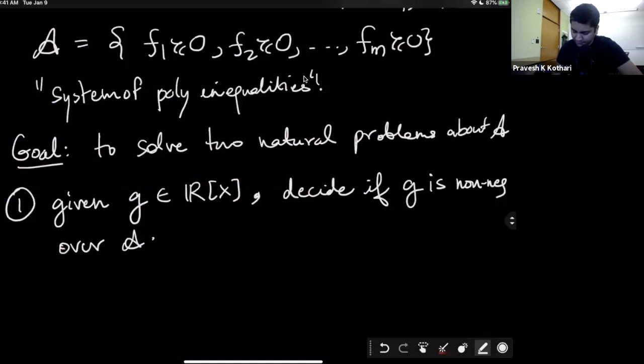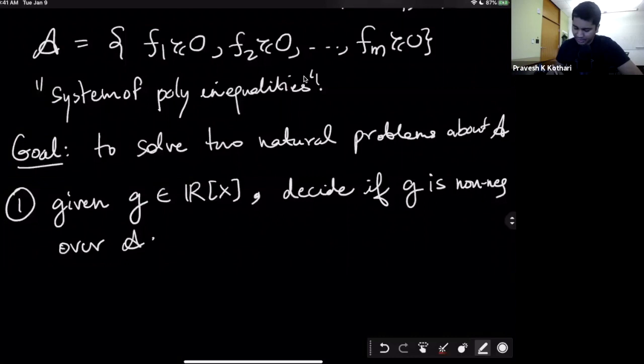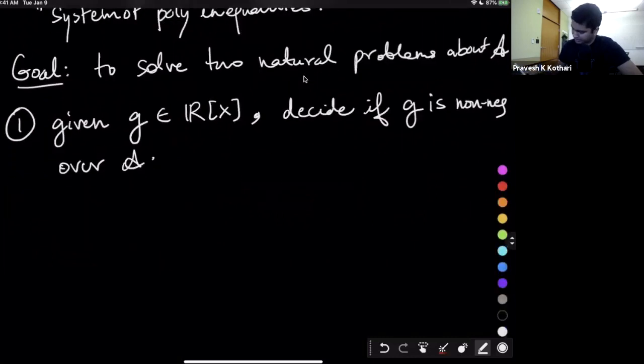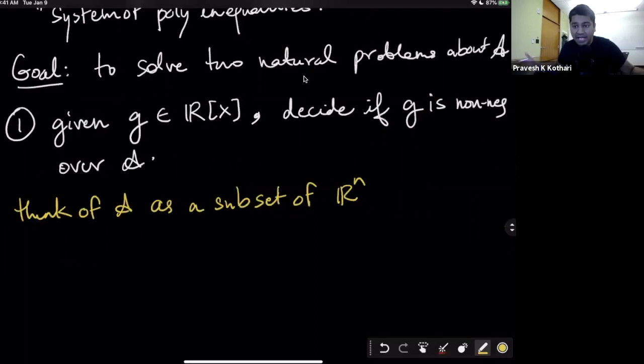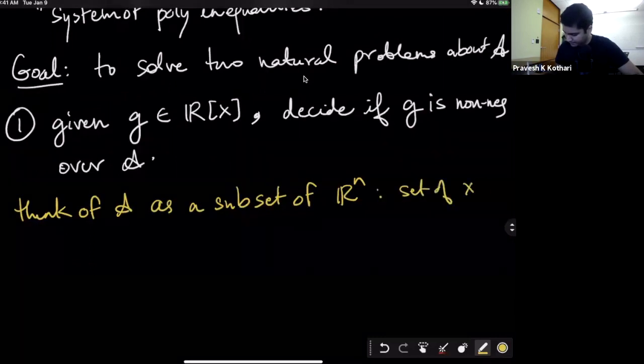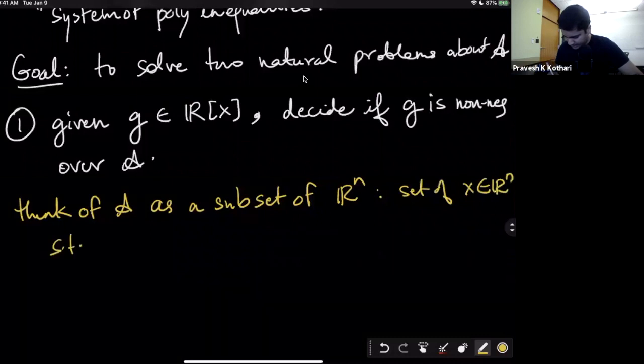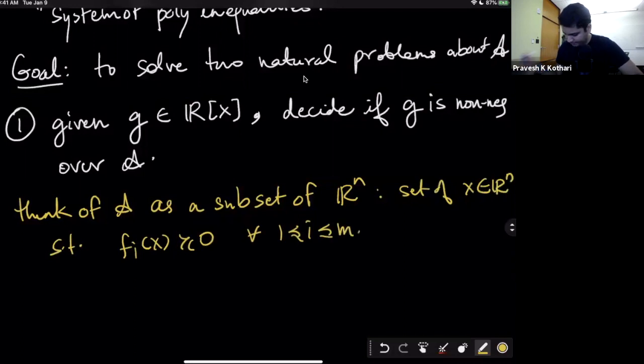You can think of A as carving out some subset of R to the n, namely, the set of all x such that fi(x) is non-negative for all 1 less than or equal to i less than or equal to m.